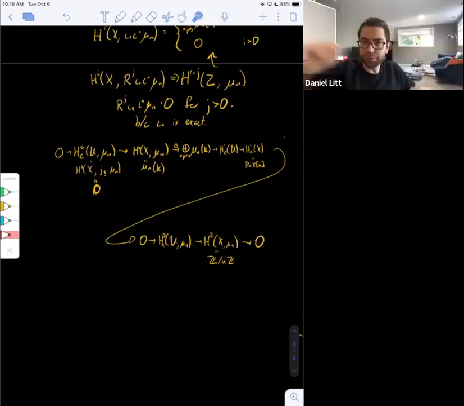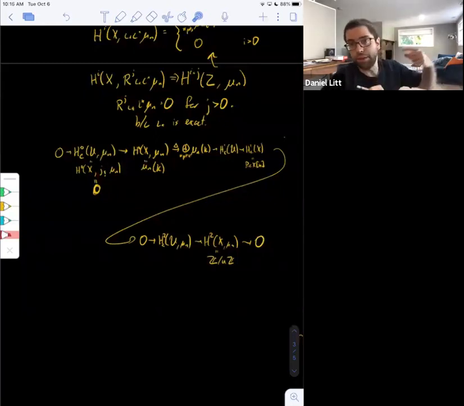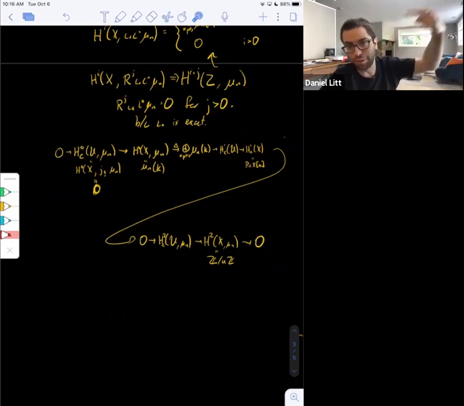I mean, in fact, what's true is that this j lower shriek of mu n is actually representable, and the representing object is you just take a copy of X, and then you disjoint union that with a bunch of copies of U, one for each non-identity element of mu n.